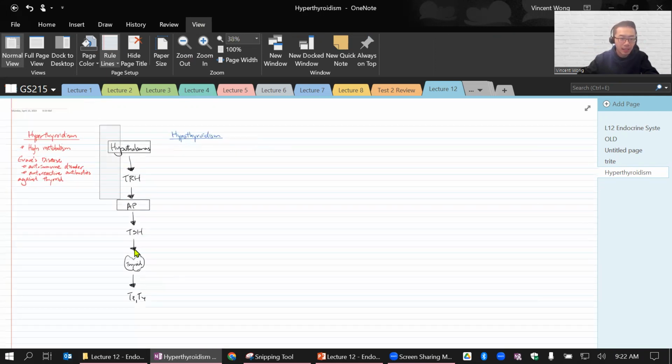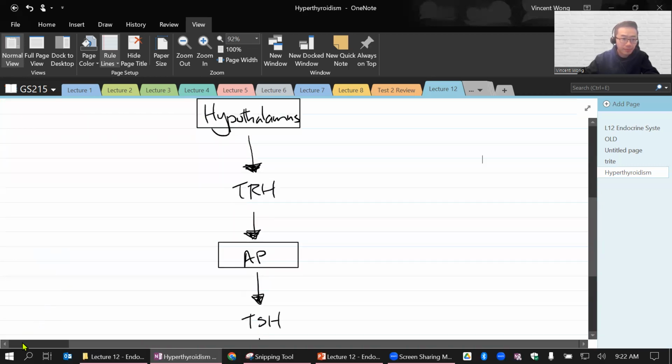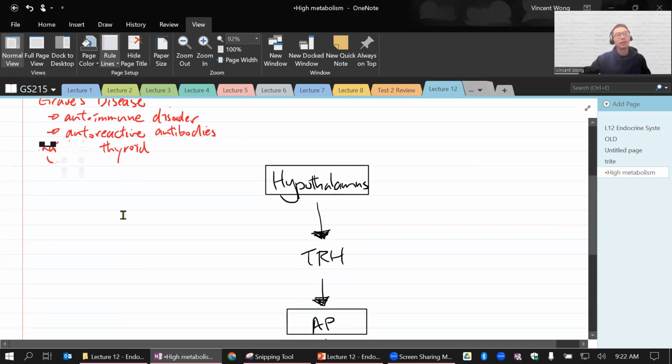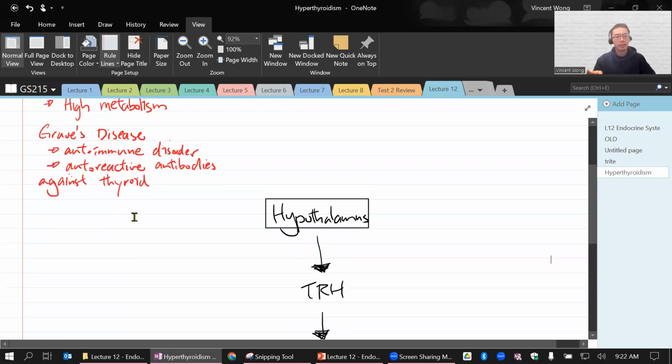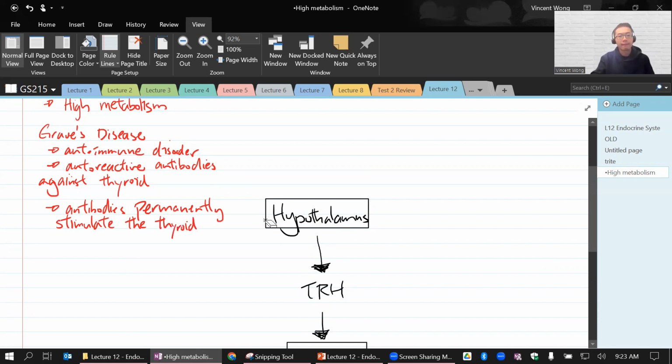Give me a second. Let me see if I can position this a little bit better. There we go. Okay. Against the thyroid. Okay. So the antibodies permanently stimulate the thyroid. Okay. Just gonna give you a moment to copy that.